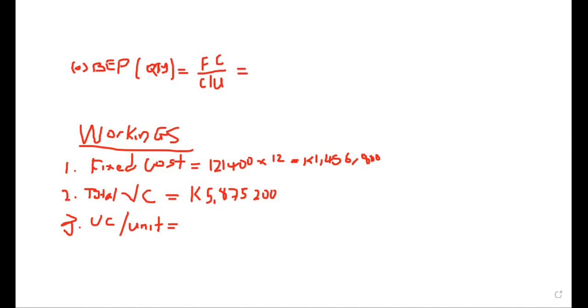Someone to do January. What is the answer for January? Where are we getting the 50? It's under the sales quantity, this one here.